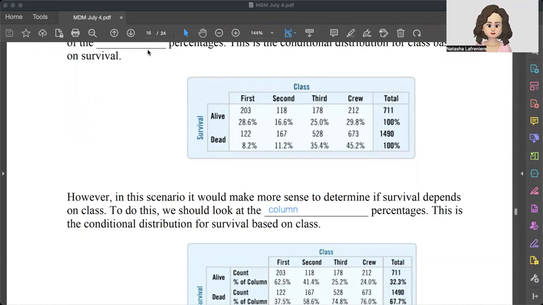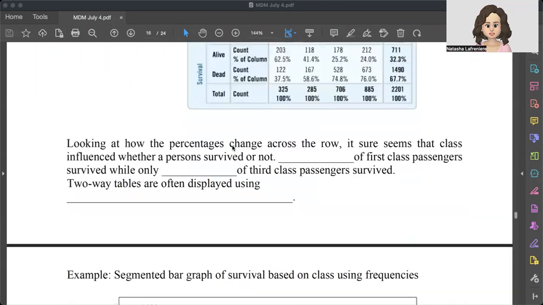Okay, so looking at the column percentages, 62.5% of first class passengers survived, while only 25.2% of third class passengers survived. I'm going to clear this so I can bring this down.